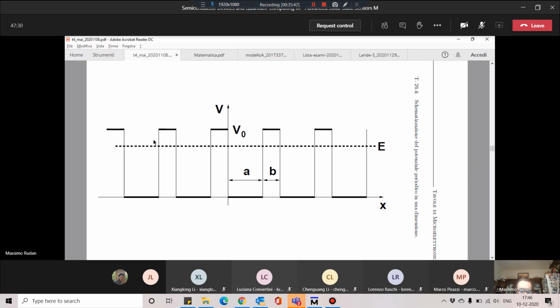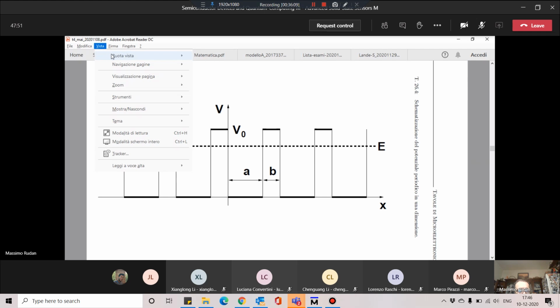But this applies to any barrier. So in conclusion, the particle can be found anywhere inside the lattice, okay? And this is the reason why the wave function cannot be normalized, because we must integrate over infinity, okay? So the wave function is not normalizable in this case.